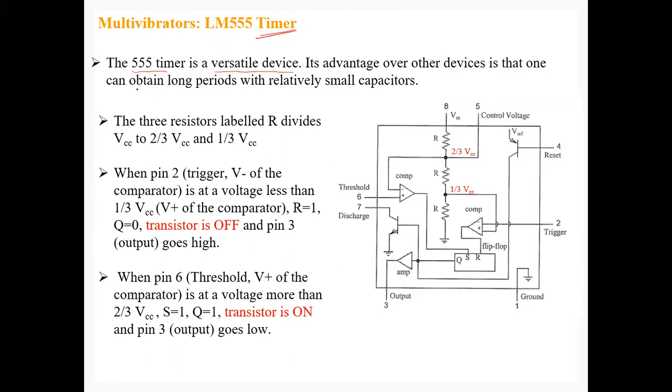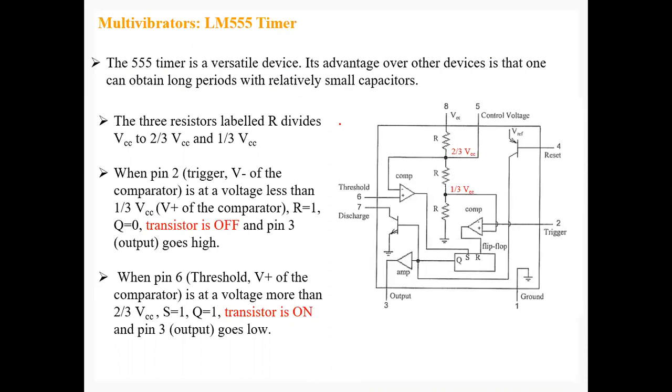Suppose this is a 555 timer, then you connect a resistor, capacitor, something like that. With a relatively small capacitor like this, we can get a longer period. That's the advantage of the 555 timer, and that's why it is very versatile.